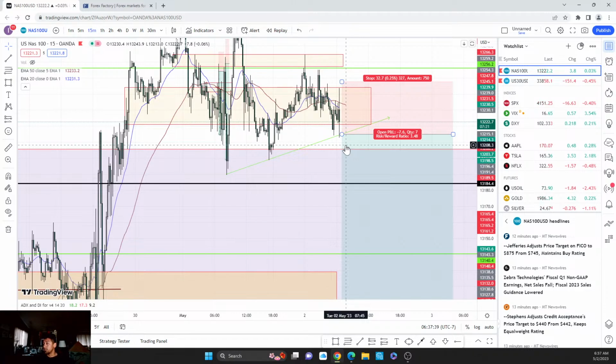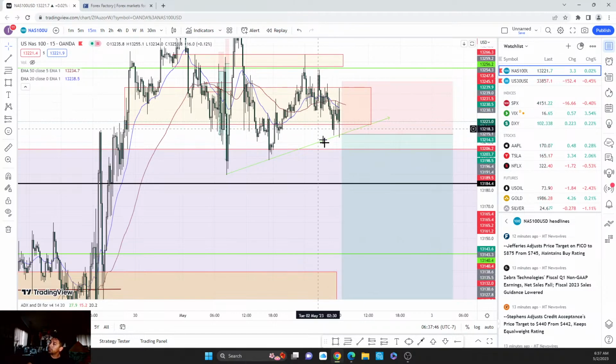I think things are going to be super bearish, just my opinion. So it didn't even break it, right? Didn't even break the trend line right here. So let's see what happens on this side.